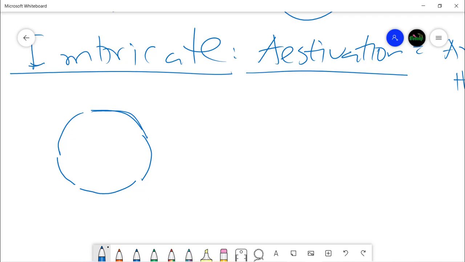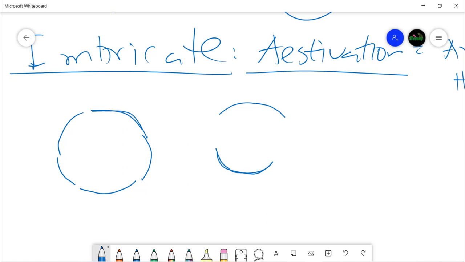The imbricate estivation is such that one of the sepals overlaps the other 2, that is, both of its margins are overlapping the other 2 sepals, and one of the sepals is such that both of its margins are internal, or they are overlapped by the other 2 sepals. And the rest of the 3 sepals are arranged in such a way that one of their margins is being overlapped by another sepal, and the other margin is overlapping another sepal.